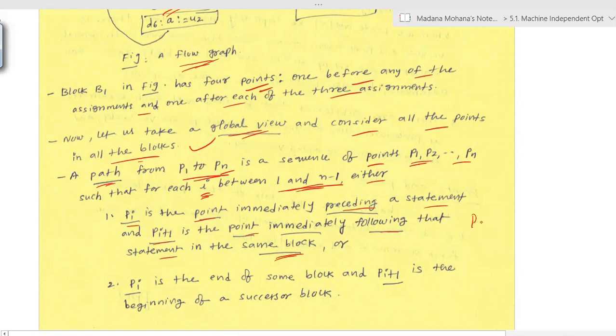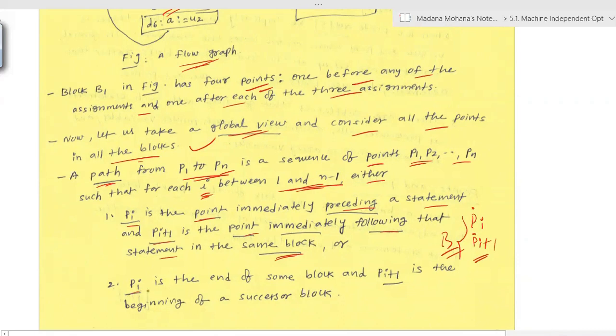For example, Pi is the point immediately preceding, that is before, and Pi plus 1 is the point immediately following that statement, after, in the same block.